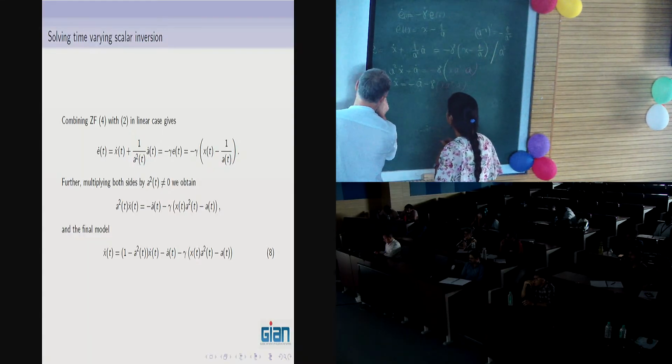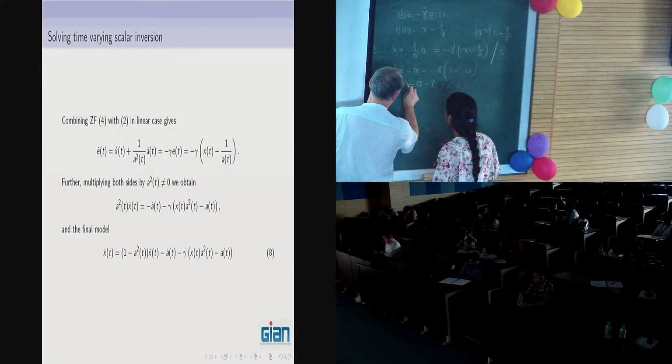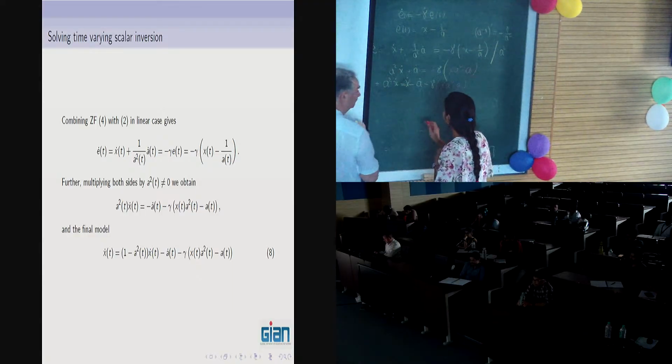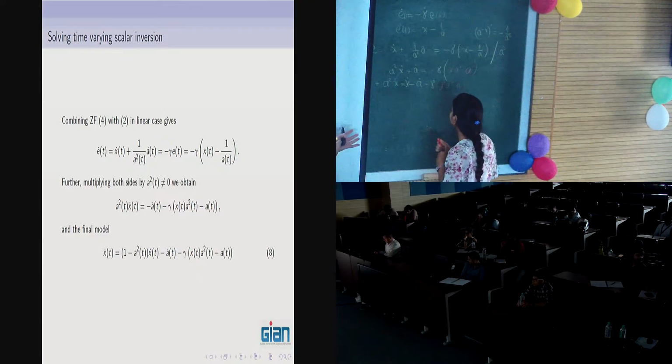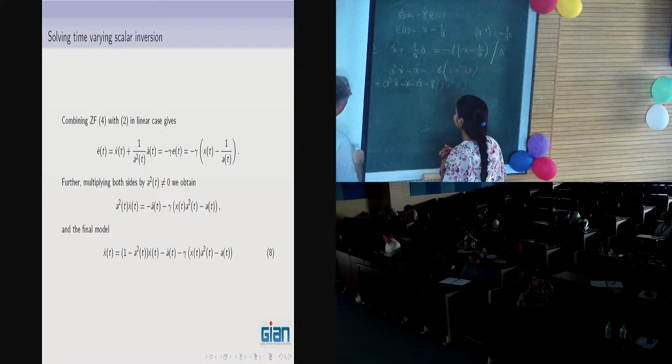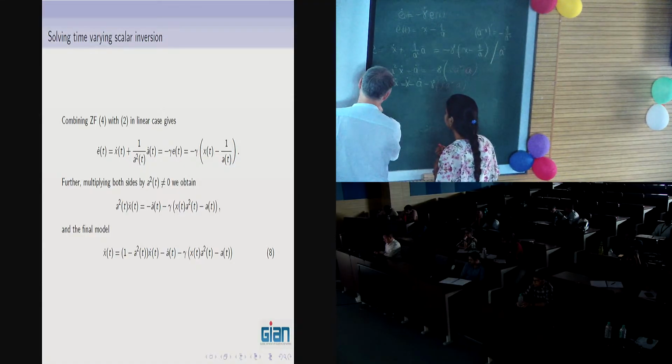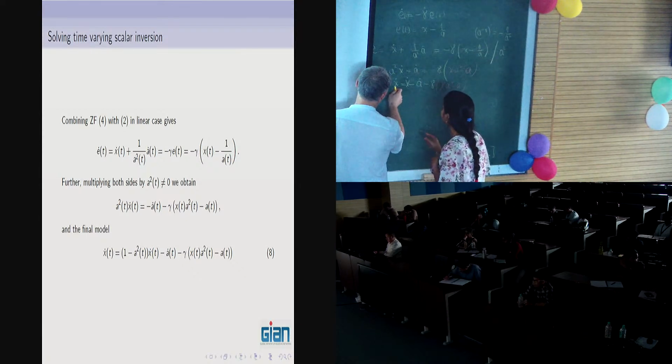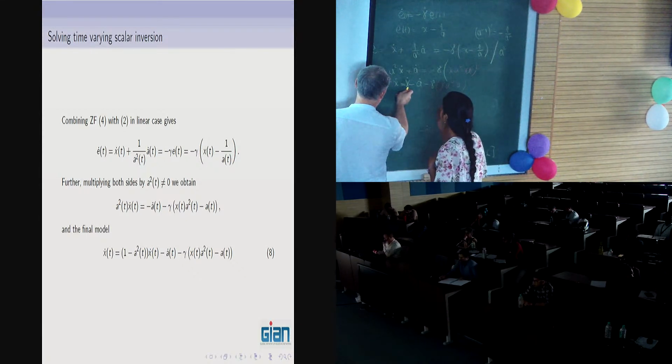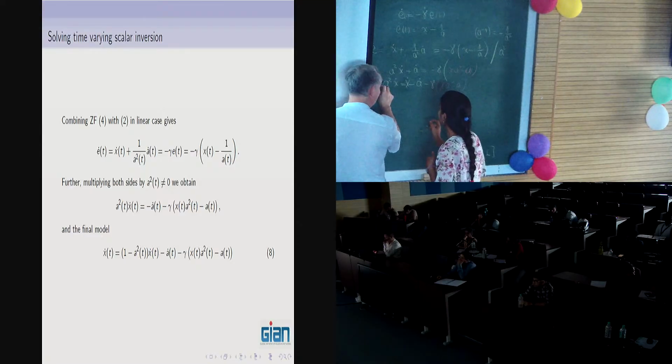Now we will add here. Is it the same? Yes, left x dot and right, and obtain x dot equals minus a square... 1 minus a square.